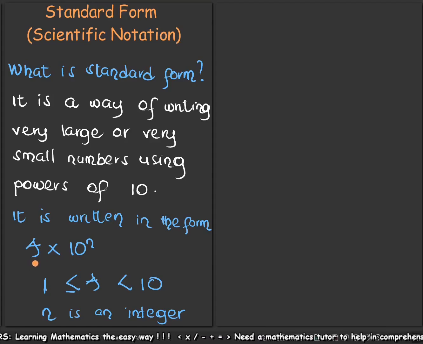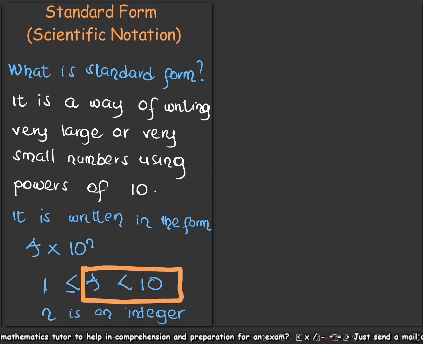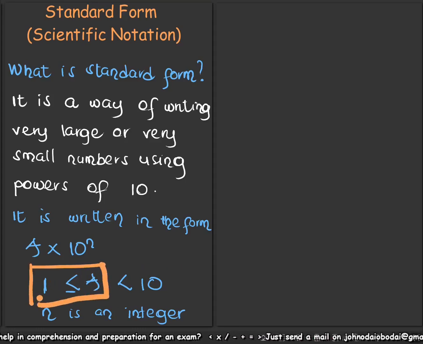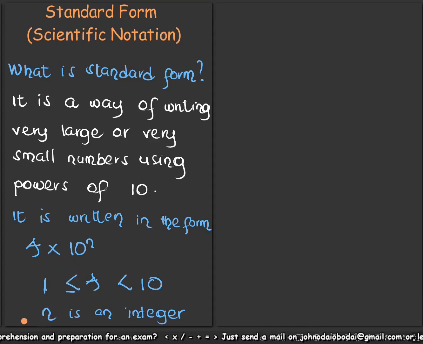The a over here is any number that is less than 10. So the first number of your digit should never be equal to 10 or even greater than it. It should be less than 10, and it can be greater than or equal to 1. So the numbers that can be a are only 1, 2, 3, 4, 5, 6, 7, 8, and 9.